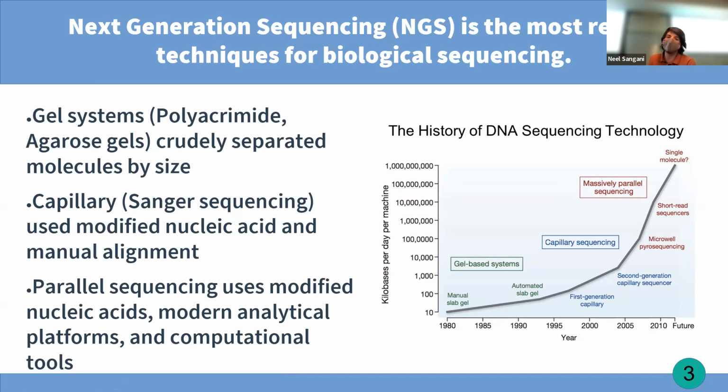And this has largely been broken up into three distinct phases. The first set, coming out in 1980-ish, is gel-based systems. So they used polyacrylamide or agarose gels, and you could crudely separate molecules by size.